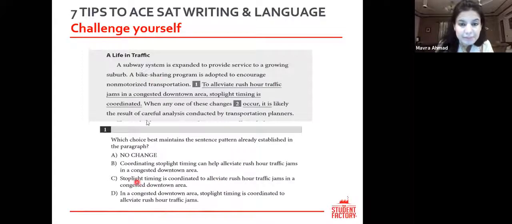अब यहाँ पर हम देख सकते हैं कि पहले first 2 lines के साथ जो थोड़ा सा consistency show हो रही है वो C की show हो रही है, because when we read the sentence it is showing us the action word, the verb coordinated. First sentence में हमारे पास expanded था, a subway system is expanded. Second sentence में a bike sharing program is adopted. Then in option C we can see stoplight timing is coordinated.